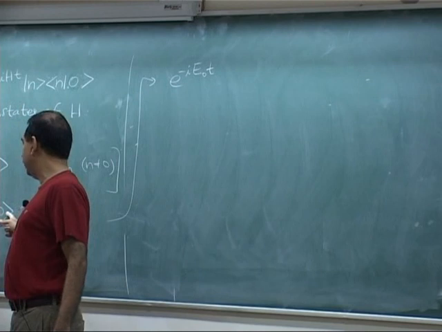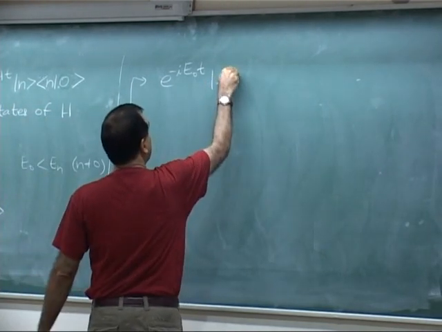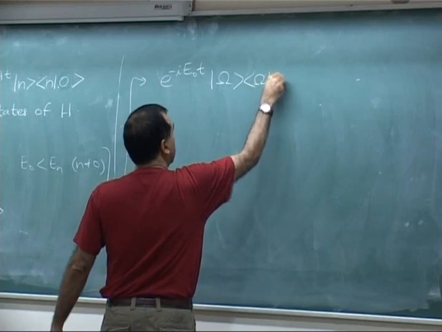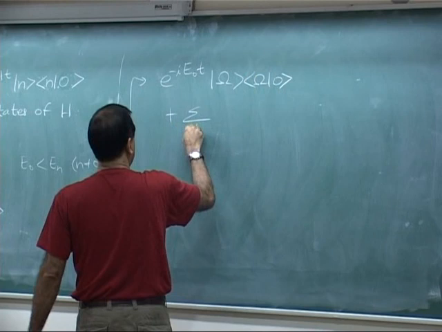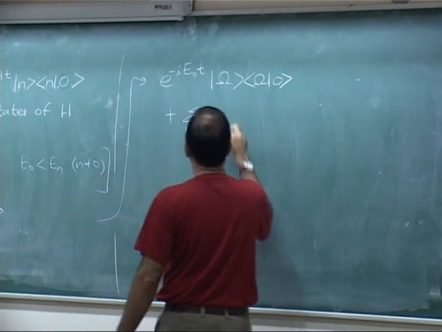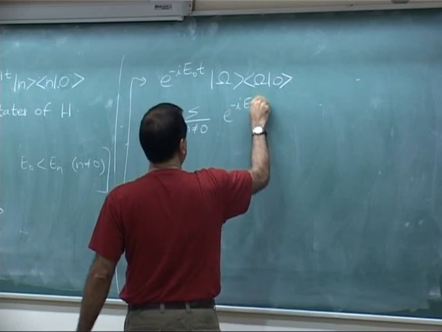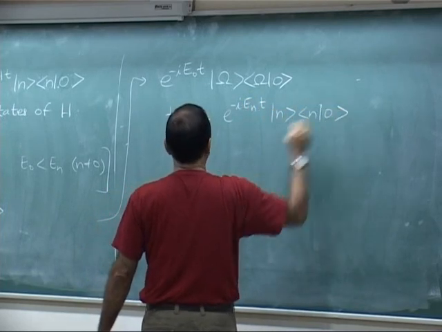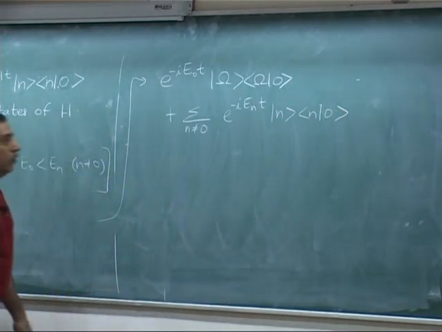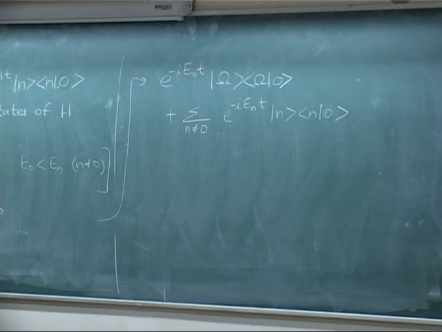The 0 symbol means the free vacuum, so |Ω><Ω|0>. What are the remaining terms? These are terms where n is not equal to 0: e to the minus i En t |n><n|0>.